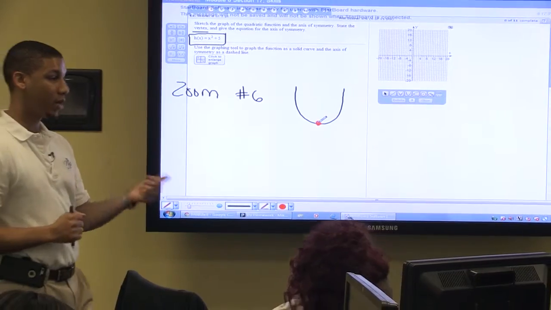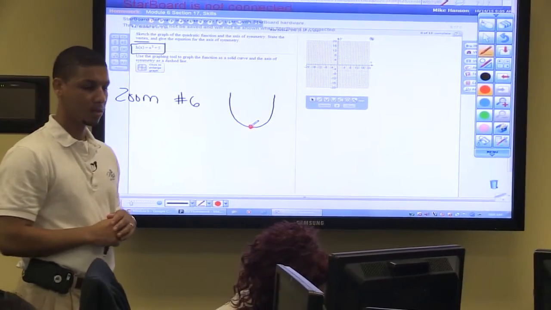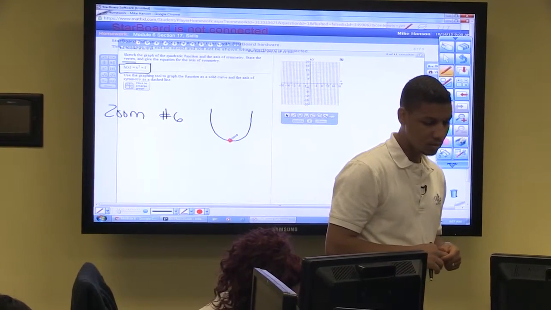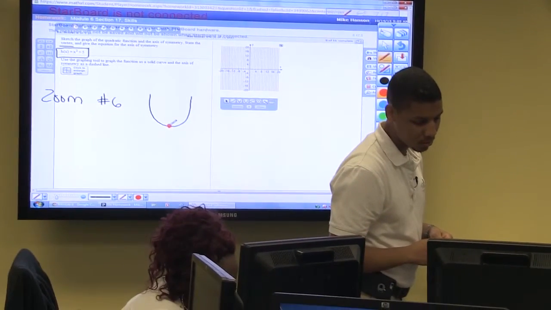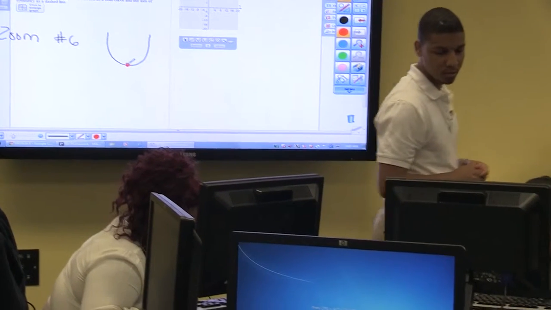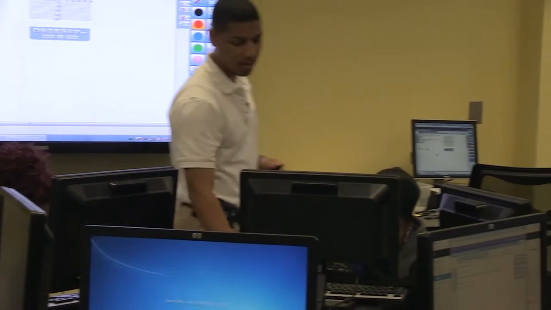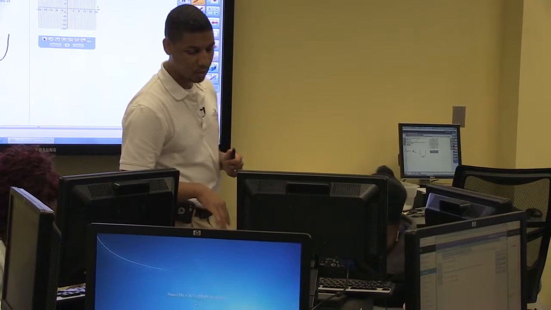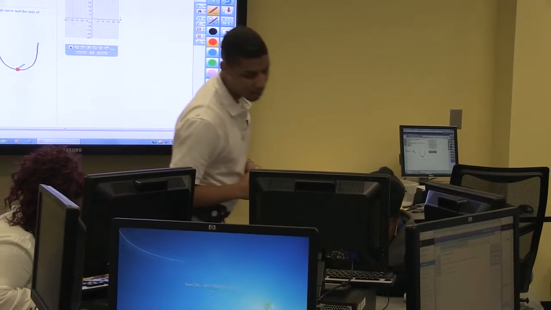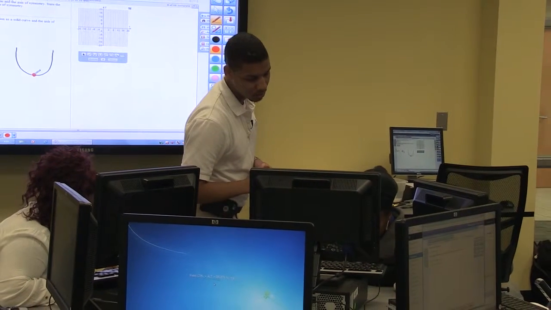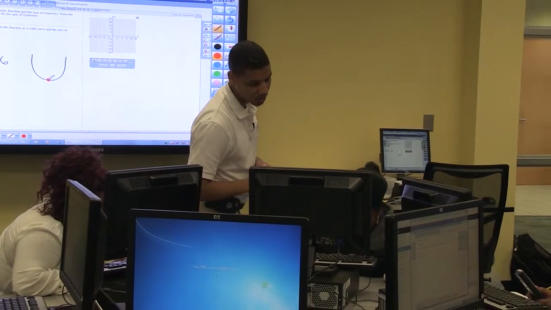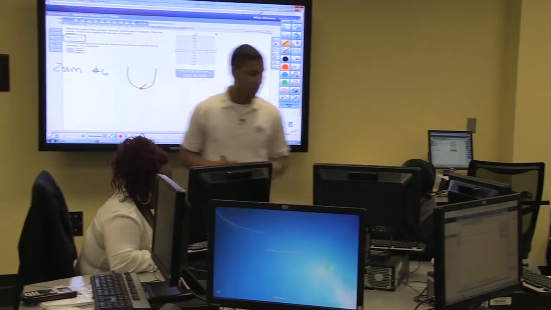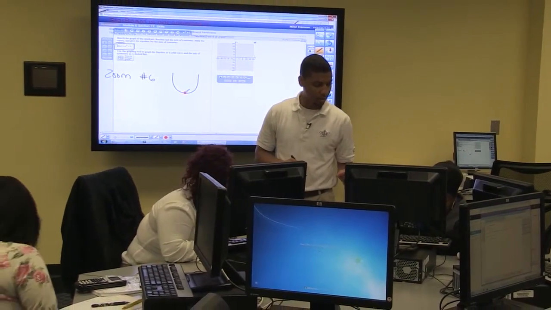So go ahead and do the left bound and right bound. Don't hit enter 3 times. That's when we do the x-intercept. Go to left bound and then go to the right bound of it. Okay. So here the y equals, do zoom 6. Zoom 6, yeah. Okay. And then I hit second trace, the minimum.